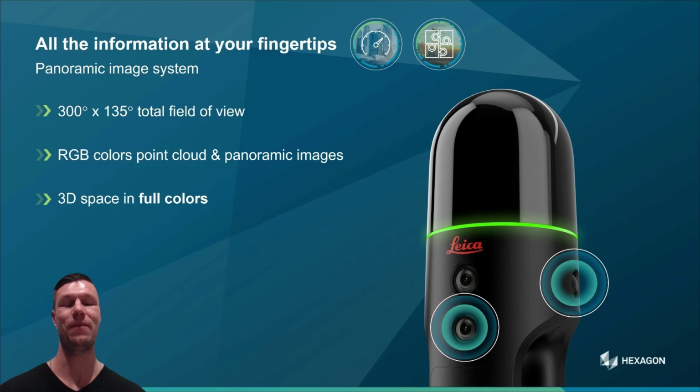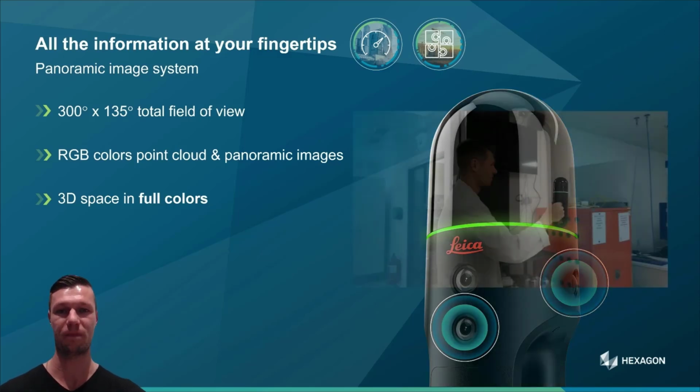But also this information is able to create panoramic images so that you then have pano images available as a result of your data capturing process, which makes again this 3D information very rich. It's not only point cloud and colorized point cloud, it's even panoramic images that you get out of the BLK2GO.